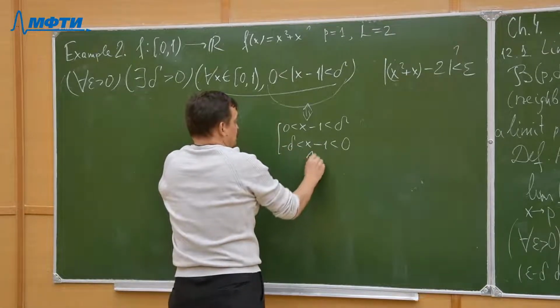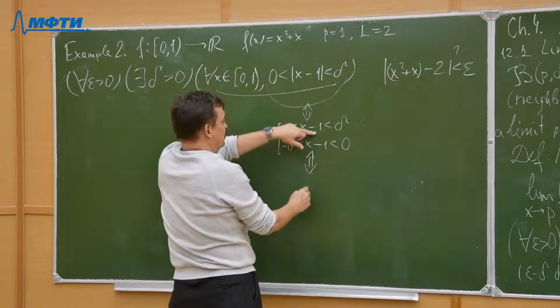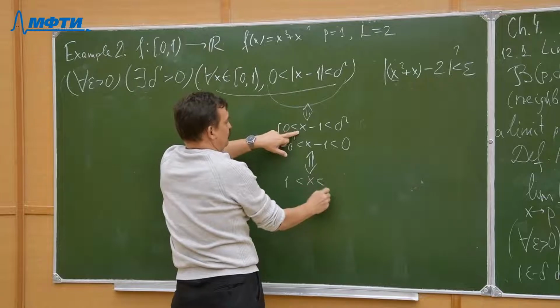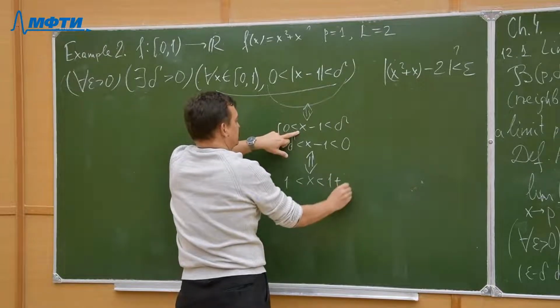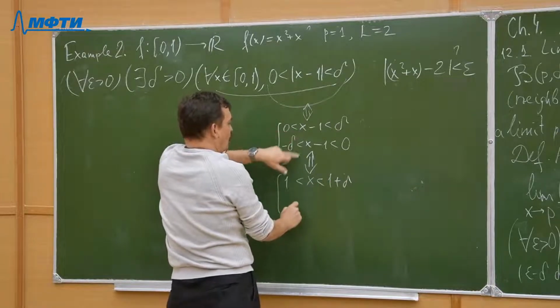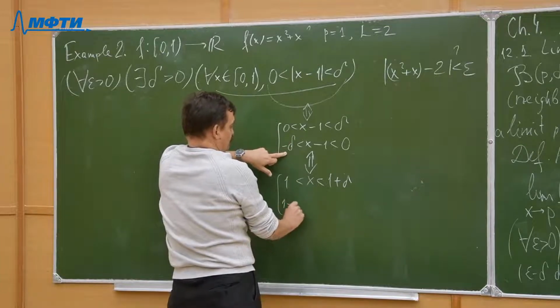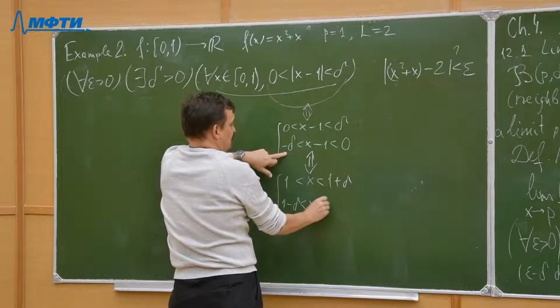Then this couple of inequalities can be rewritten as either x greater than 1 and less than 1 plus delta, or 1 minus delta less than x less than 1.